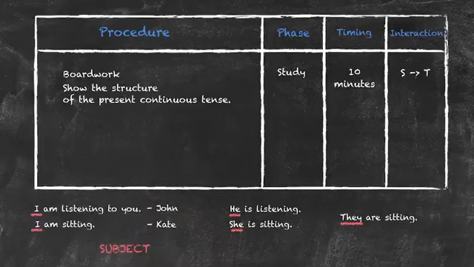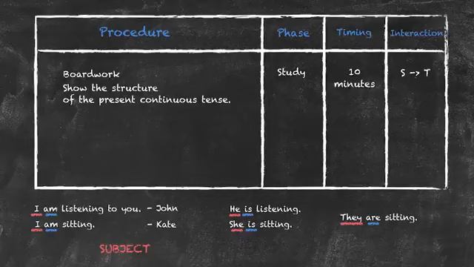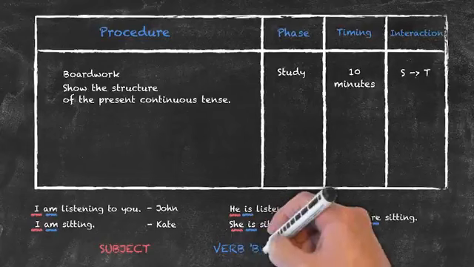What I could then do is to elicit those subjects that are not already here, for example, we and it. And those subjects are followed by this second word, am, is, and are. And we should be able to elicit from our students that each of those words have something in common in the English language, which is that they are each the verb be.